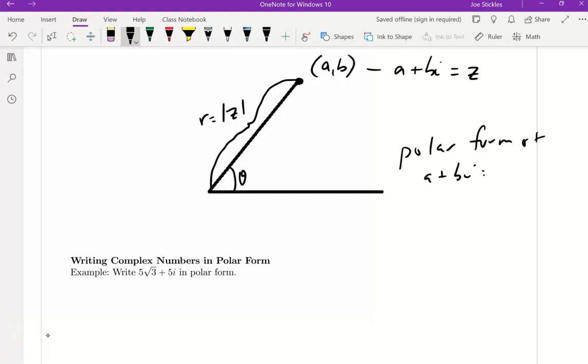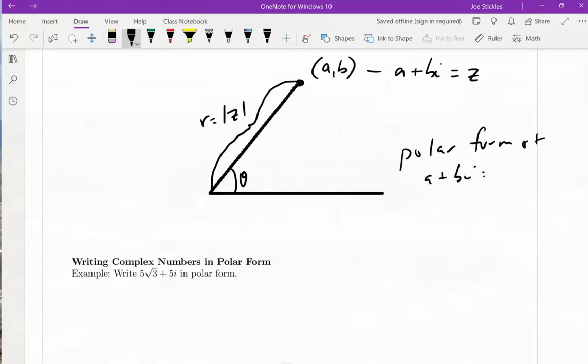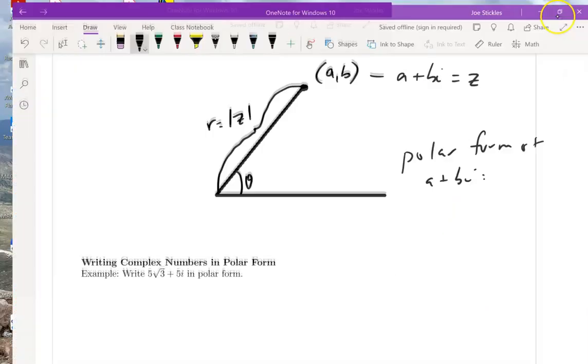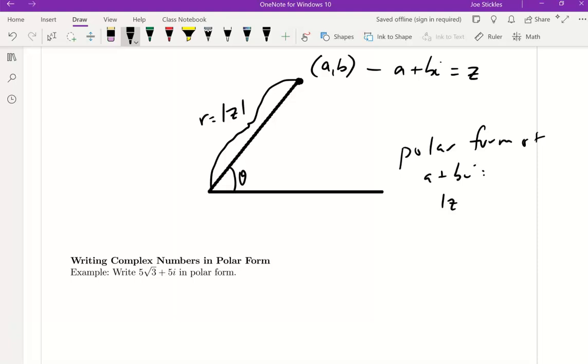We'll convert it over to polar, but notice that your A would be your R times your cosine of theta, from using that other conversion that we have, right? And your B would be your R times your sine of theta. So the way we can write that is, you can put the modulus of Z out in front, or the R out in front, times cosine of theta plus I times sine of theta.